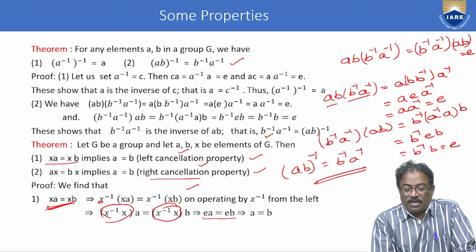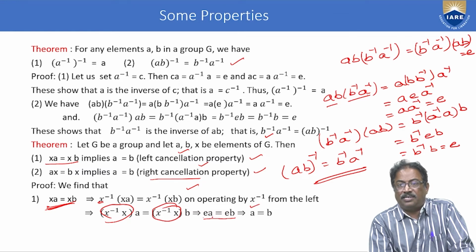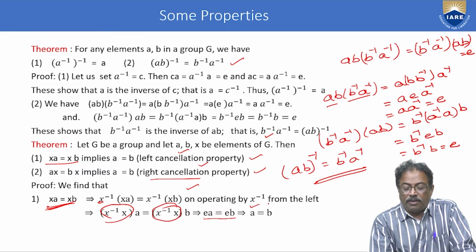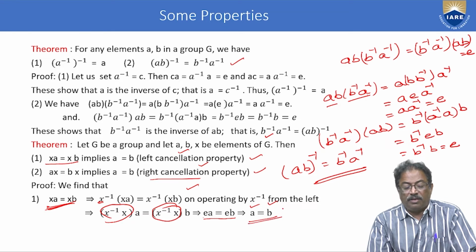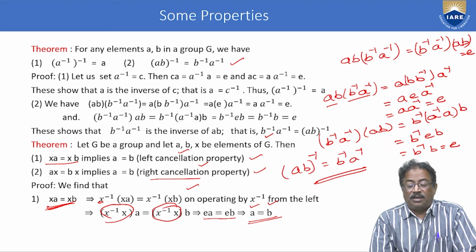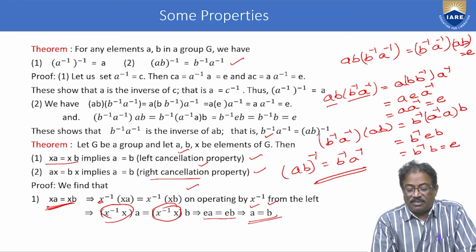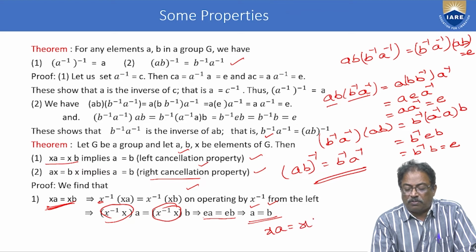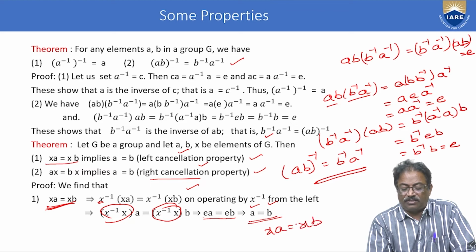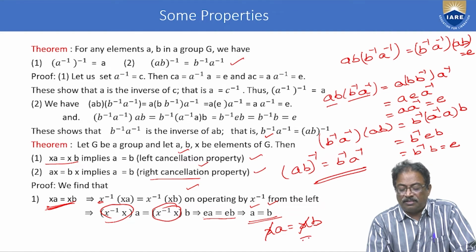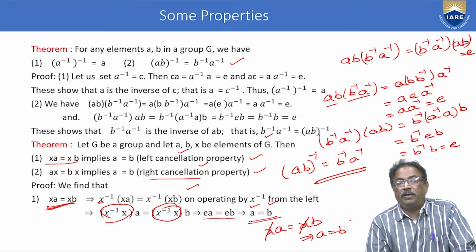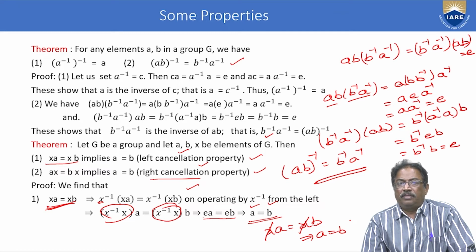Then EA is nothing but A, because E is the identity element, and EB is B. So we can say that A is equal to B, which is nothing but the left cancellation law. What is the left cancellation law? If XA is equal to XB, whatever element is on the left side is cancelled, and then A is equal to B.